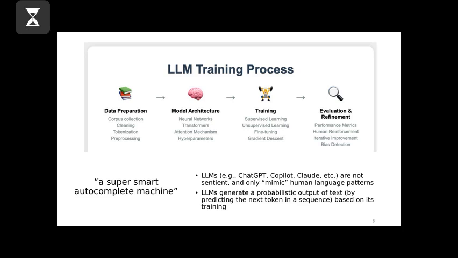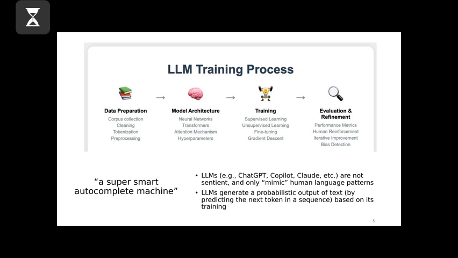So, in the training process of large language models, I'm going to refer to these as LLMs because a lot of the AI tools that we're discussing here are based on large language models. In the training process of LLMs, the first step involves gathering billions of words from diverse sources like books, articles, and websites.